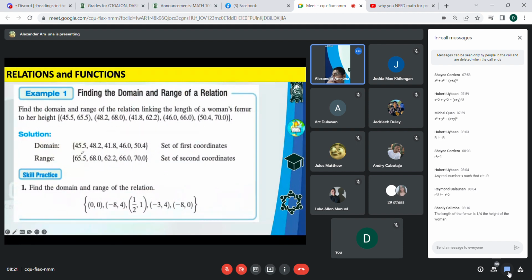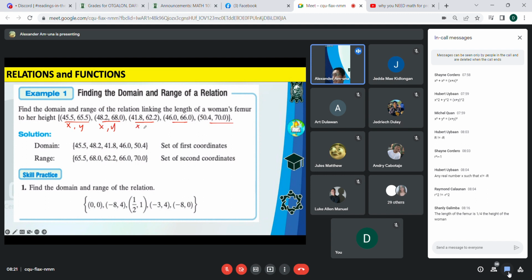Okay. So, some examples of finding the domain and range of a given relation, from our example a while ago, if we have now here ordered pairs, then the first one, the x values here will be your domain, right?